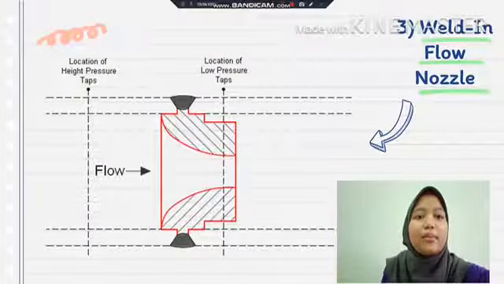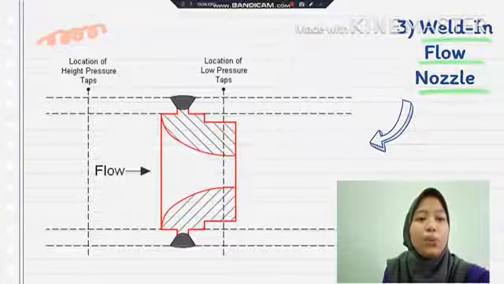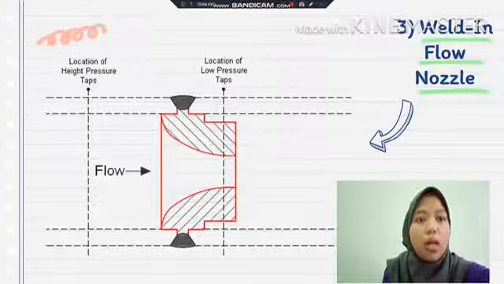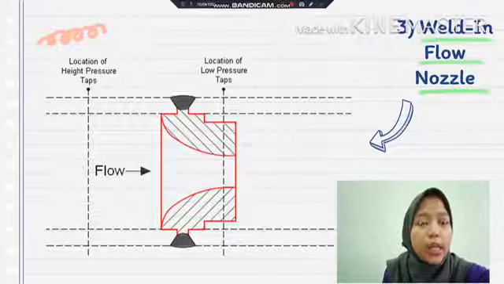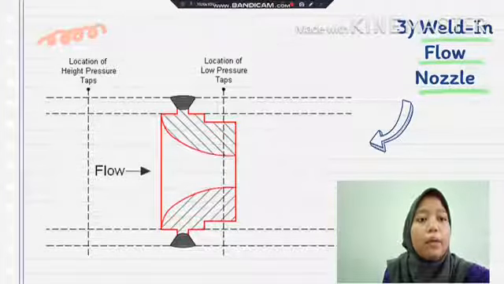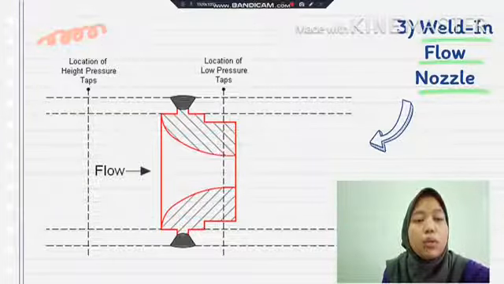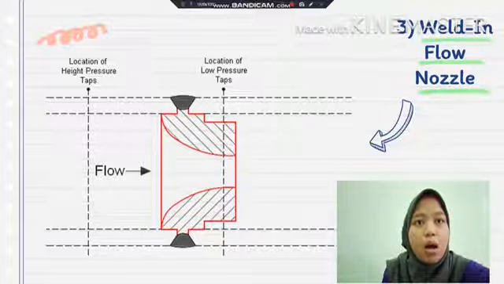The third type is weld-in flow nozzle. Weld-in flow nozzle will be used when the pipe flange cannot be installed because of high pressure or high temperature application, such as in power plant installation. The flow nozzle is designed with a small mounting flange that fits between bevel ends of the inlet and outlet pipe section.